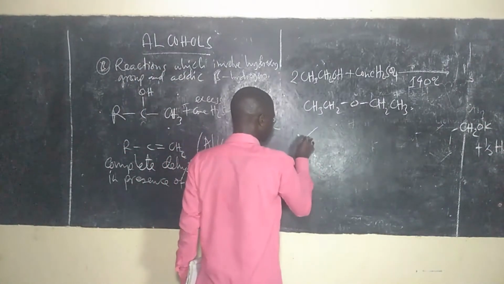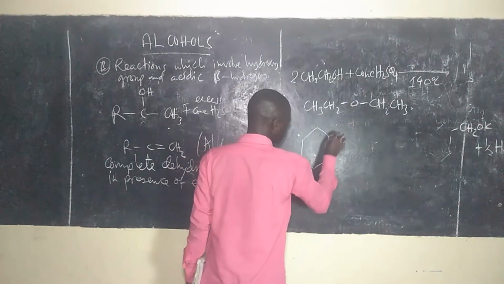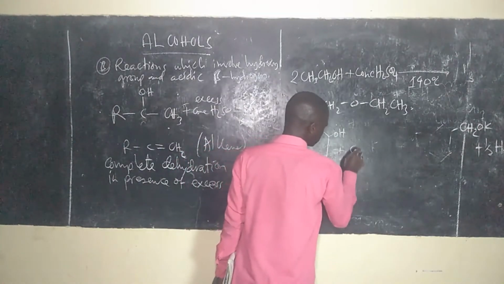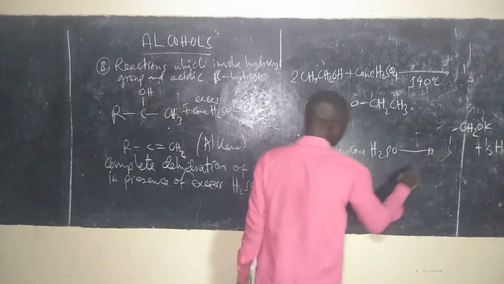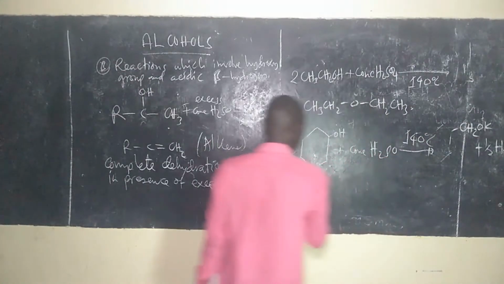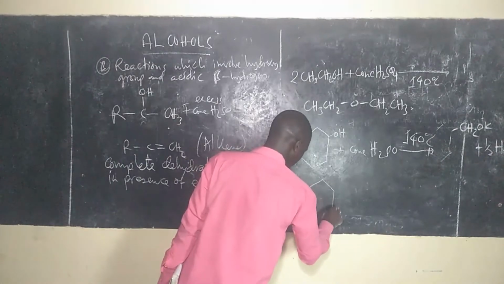Tukiwa tuna compound kama hiyo hapo, then tukiwa tuna conc sulfuric in temperature near 40 degrees Celsius, tutapata compound kama huyo hapa.